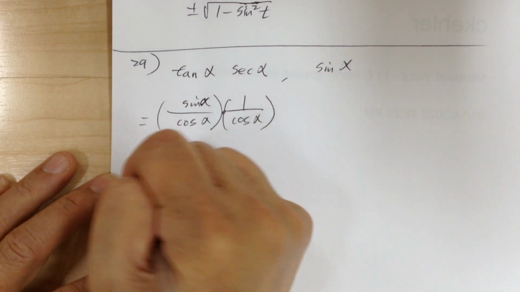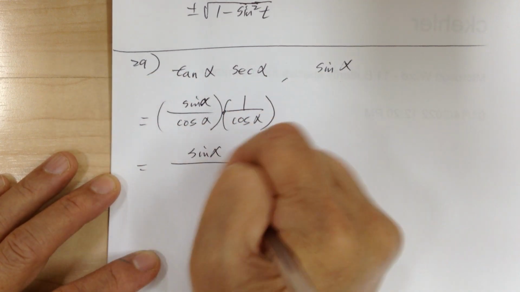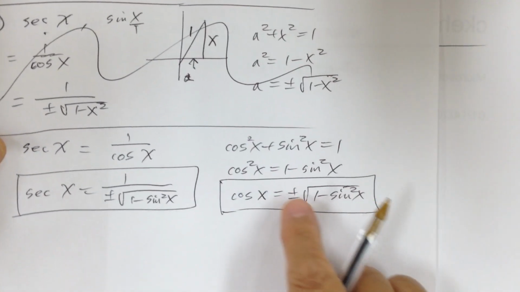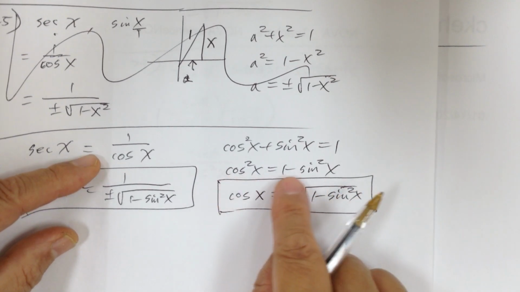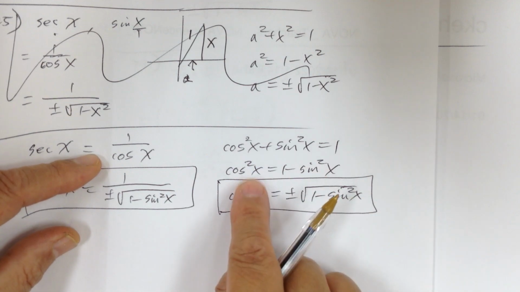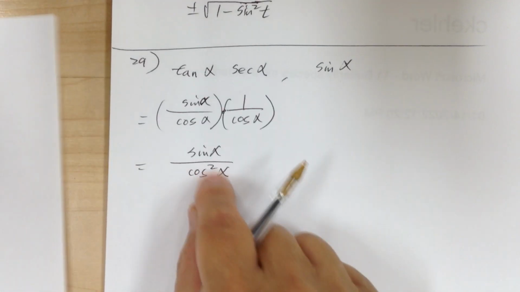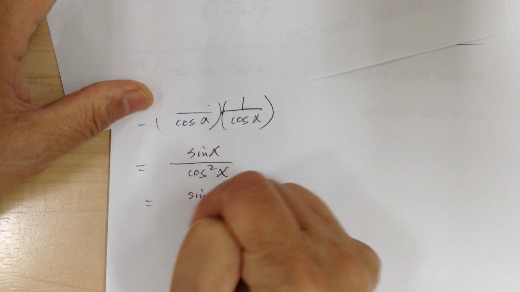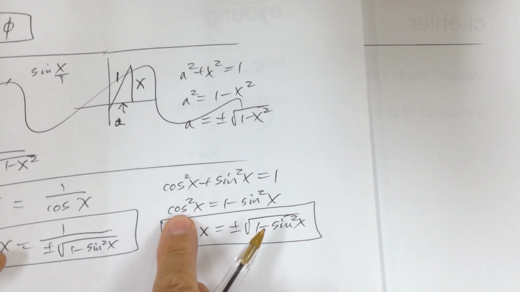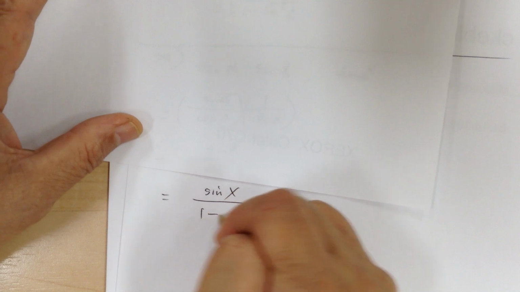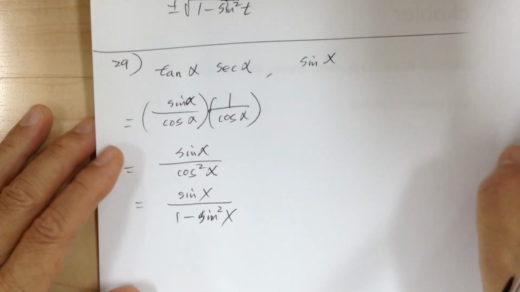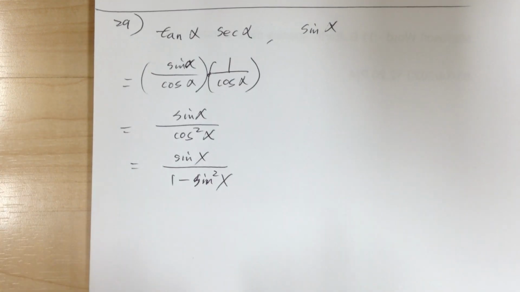Okay, and so this is equal to sine alpha over cosine square alpha. Now if you go back to over here, cosine square is equal to 1 minus sine square, right? So we can use this to substitute into here. So this will equal sine x over, again cosine square equal to 1 minus sine square x. Okay, and that's it for number 29.